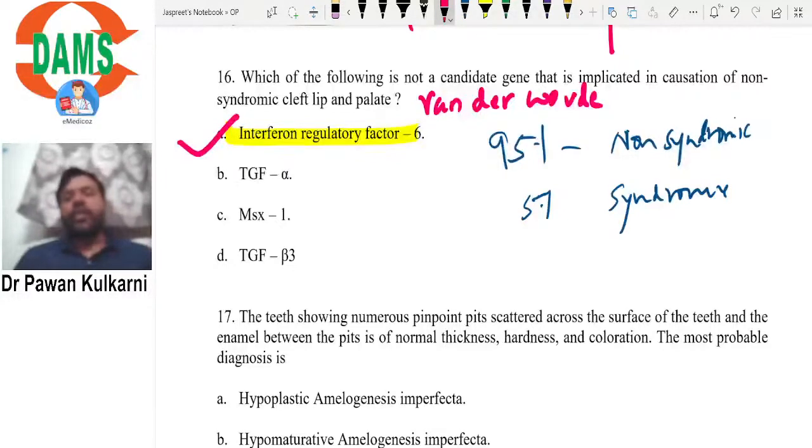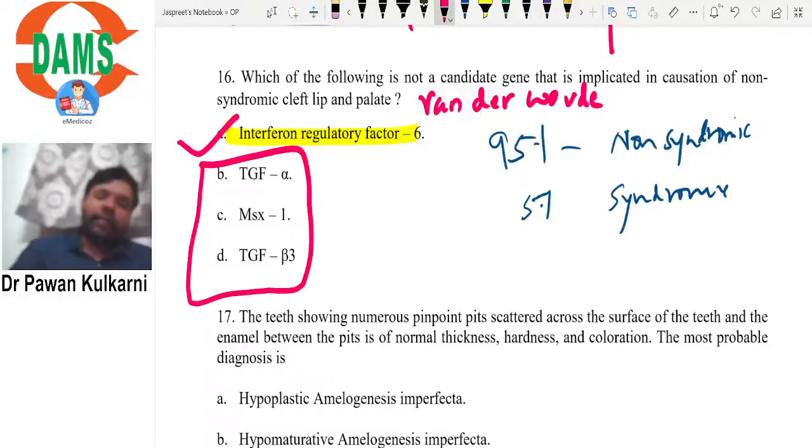It is the gene responsible for van der Woude syndrome, and that is the reason the other three are non-syndromic. The question says which is not a candidate for non-syndromic. The other three are non-syndromic genes, whereas the only syndromic one is interferon regulatory factor 6, which causes van der Woude syndrome. Please remember this point.